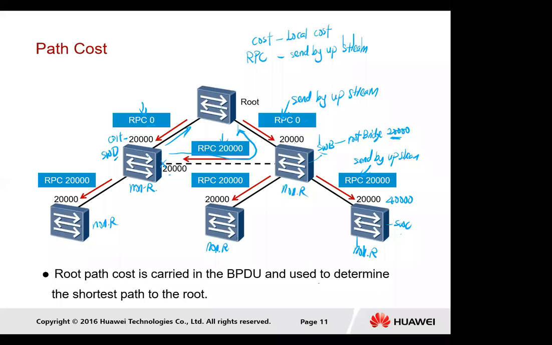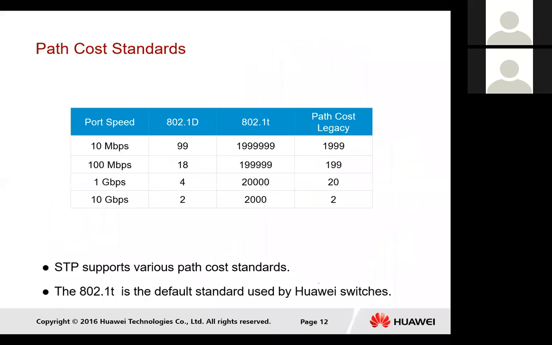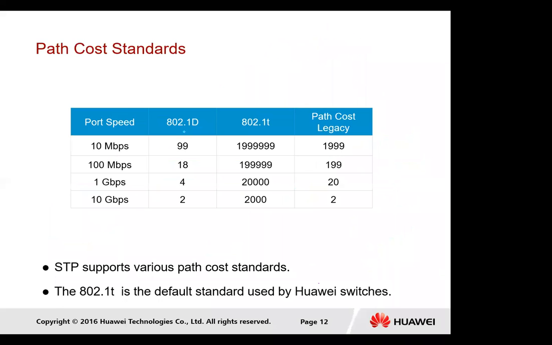That is based on the path cost, specifying who the root bridge is. Based on the path cost, there are different standards: 802.1d, .1t, and legacy. It depends on which vendor you are using.